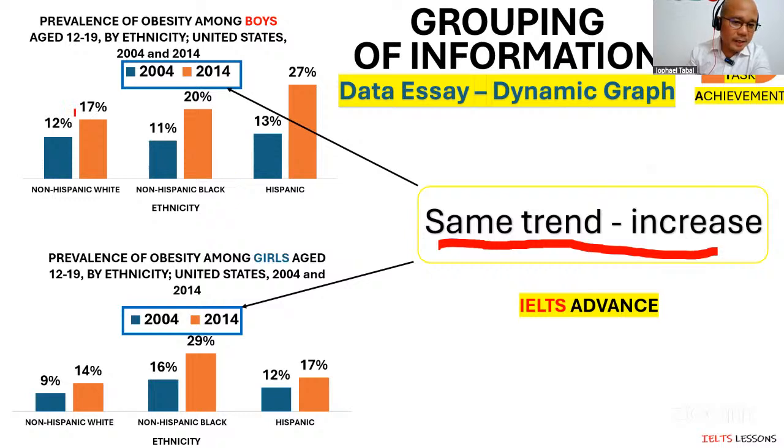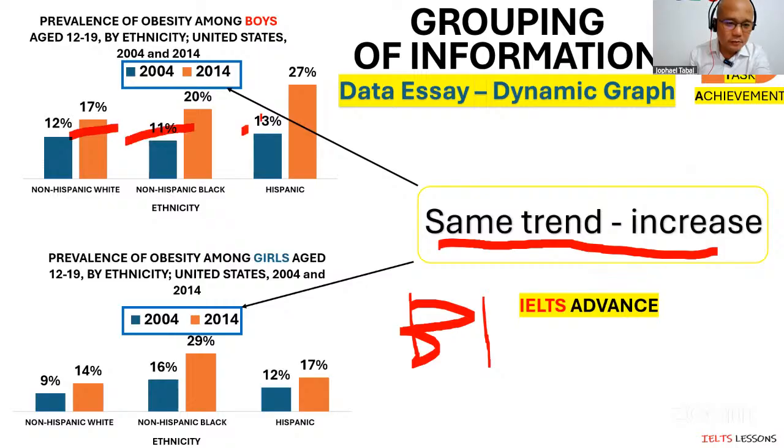what should be written in our body paragraph 1? For example here, we should write the same trend, that means the increase. So we should write that there is an increase of obesity rate for both boys and girls in these ethnic groups. And in body paragraph 2, we should write the comparison or the relationship.